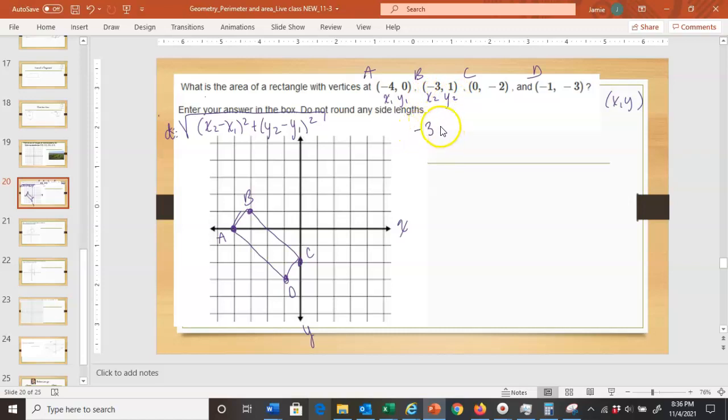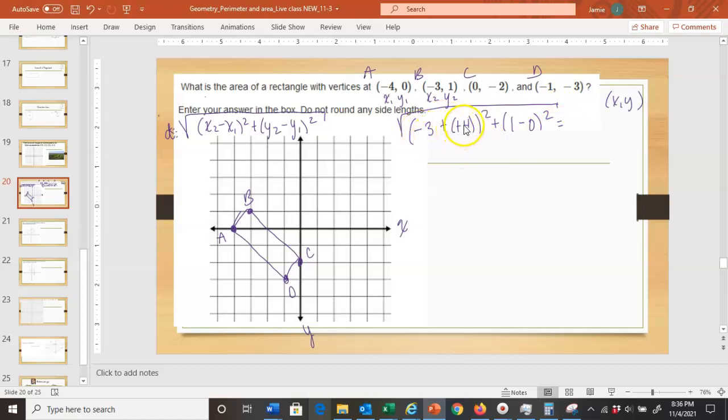So we'll have -3 minus -4. We're going to use lots of parentheses so we don't mess up those negatives. And then 1 minus 0. Remember you can use your calculator, but here a negative times a negative becomes a positive.